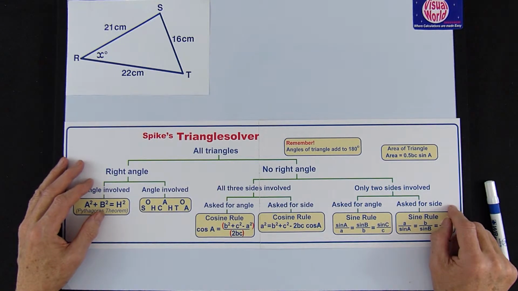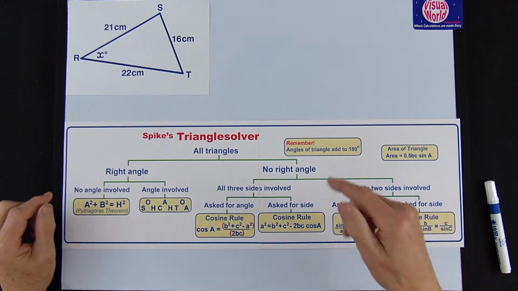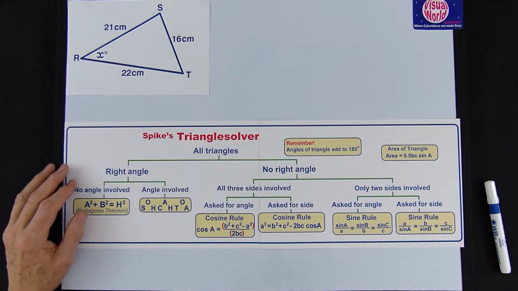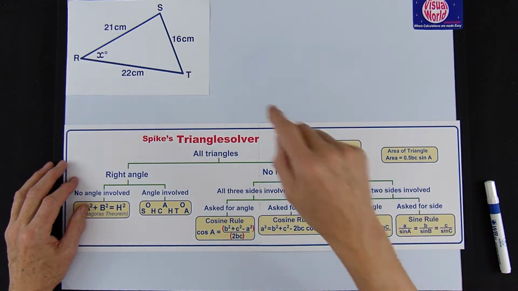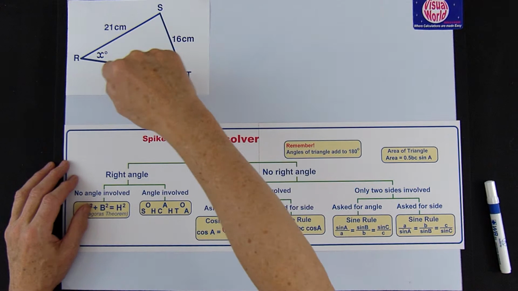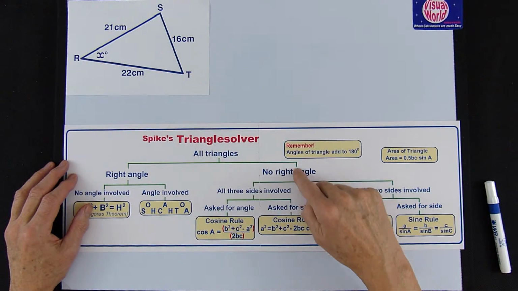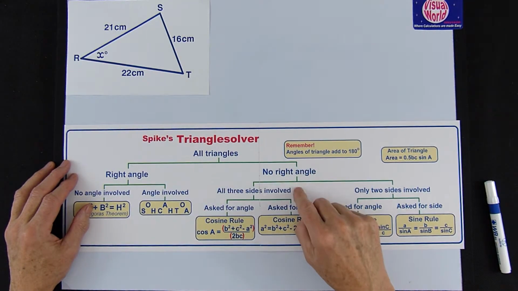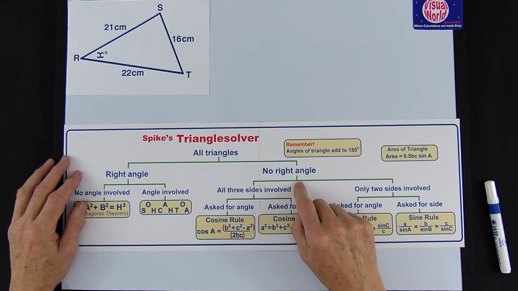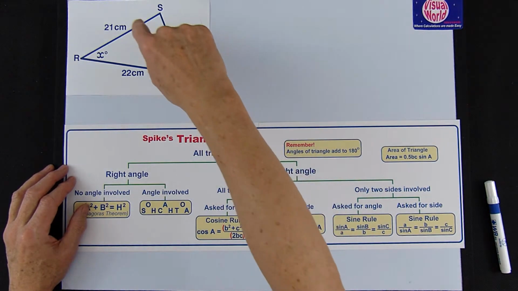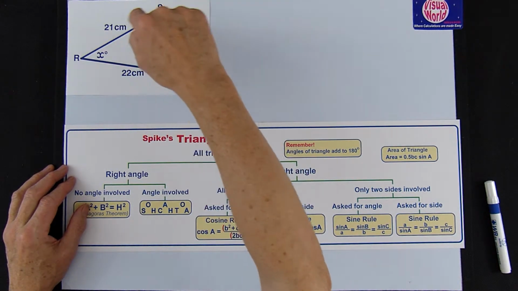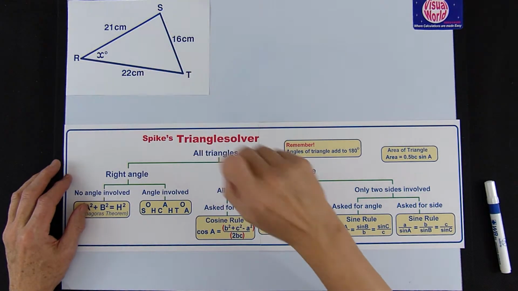So I'm going to start just by doing a couple of problems. If you have a look at the triangle up there, you'll see that it's got no right angle, so we come down there, so it's no right angle. And then you look at the sides and you can see we've got each side with a number on it, so it's 21, 16 and 22.